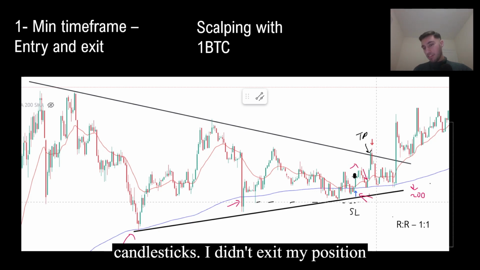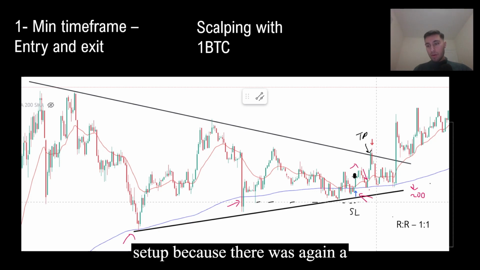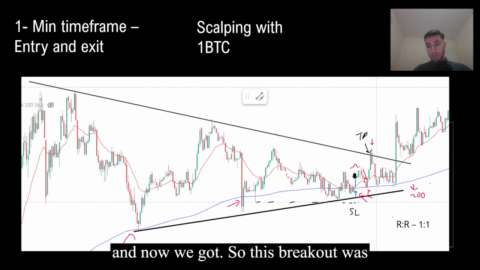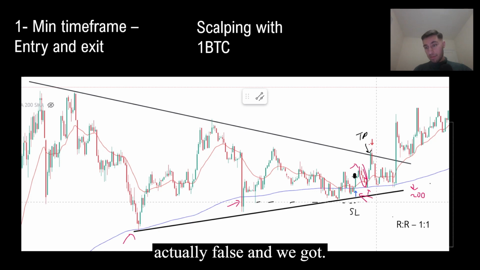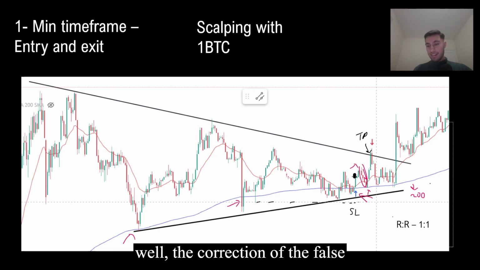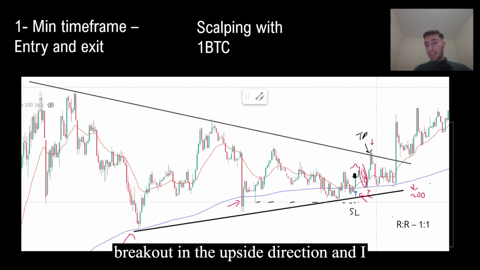I didn't exit my position yet. It did not invalidate my setup because there was again support from the 200 EMA. And now we got, so this breakout was actually false, and we got a correction of the false breakout in the upside direction, and I got my take profit hit here.